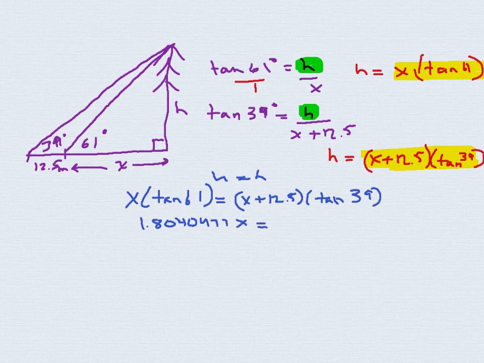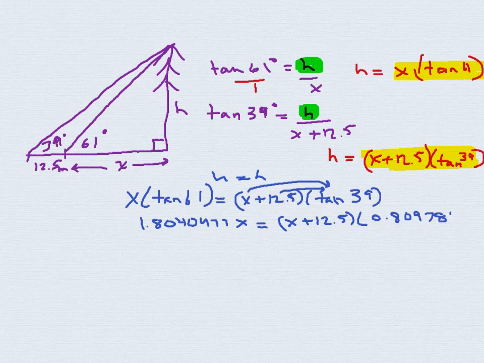And on the right-hand side of our equation, we're going to do x times the tan of 39, and we're going to do 12.5 times the tan of 39. The tan of 39, of course, is a constant. And that constant is equal to 0.8097840.